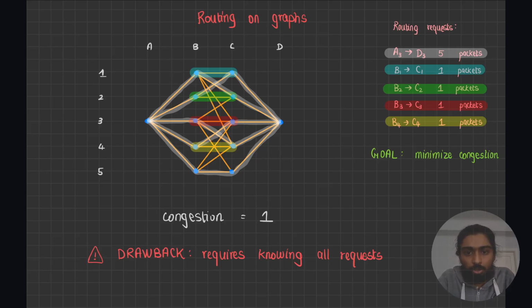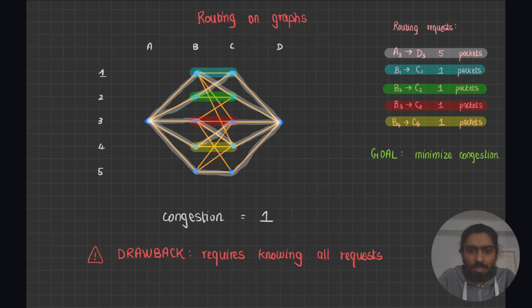So one way you could do this is using traffic aware routing, where you've routed some requests already, and now when you get a new request, you look at where you've routed the previous requests, you look at the congestion of all the edges which exist, and try to route this new request along some low congestion path. Try to see where previous requests haven't been sent and send it along such a path, right?